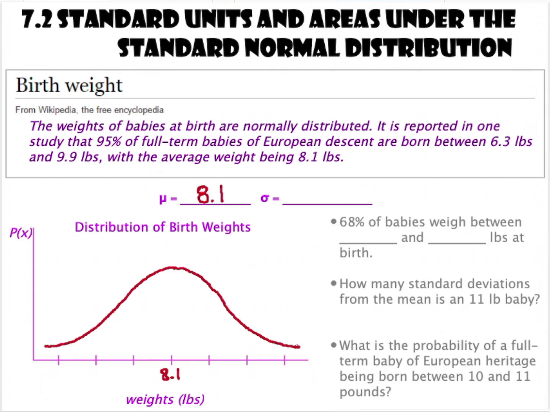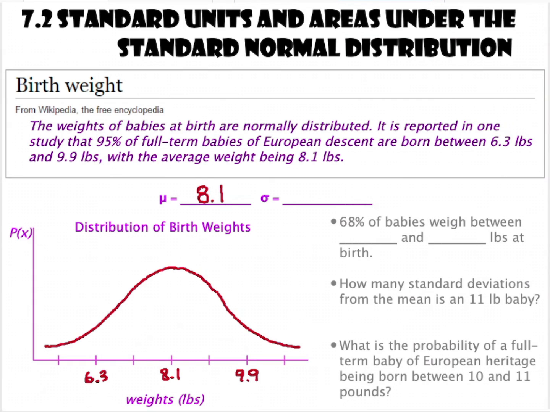It says that 95% of full-term babies are born between 6.3 and 9.9. We know that that 95% is 2 standard deviations away from the mean. So that's where the 6.3 and the 9.9 should go, because of that 95% from the empirical rule.